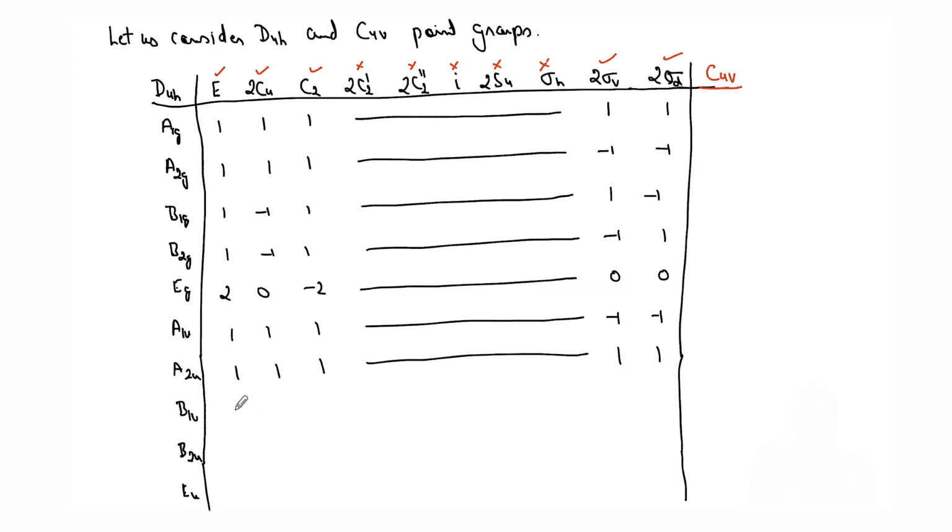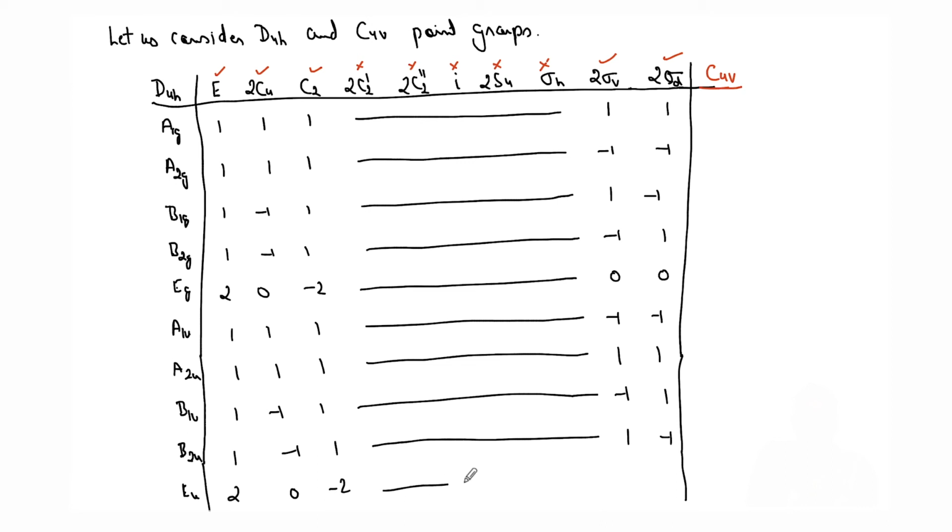So B1u is 1, minus 1, 1. This is minus 1, 1. We have 1, minus 1, 1, then 1, minus 1. Then 2, 0, minus 2, and 0, 0.